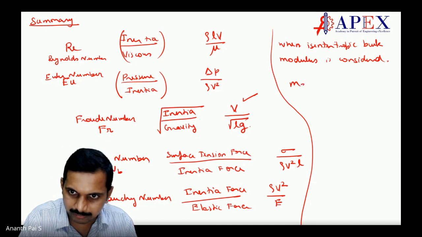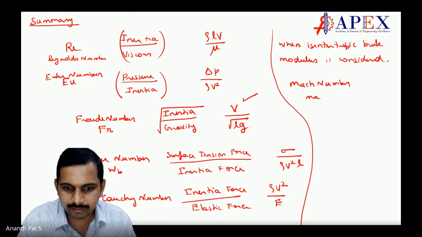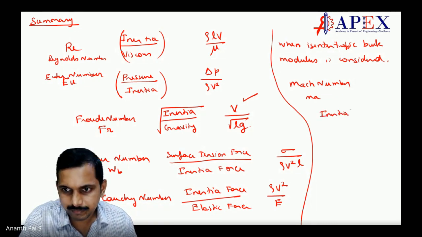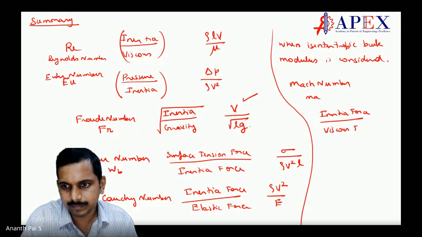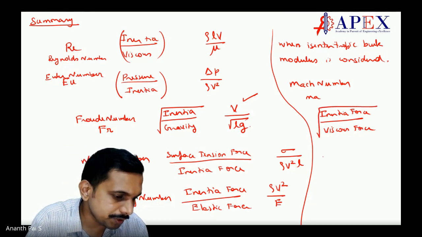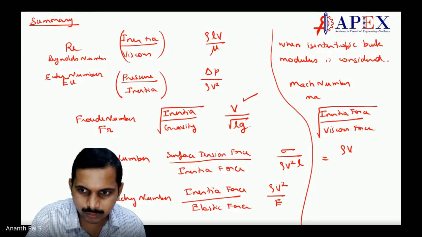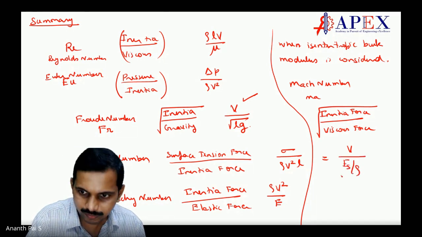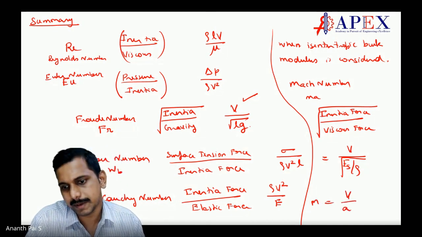Then you have the Mach number, Ma, which is equal to the square root of inertia force by elastic force. The square root is very important. That comes out to be rho V square by Es, square root of that. So we get V by root of Es by rho, and this comes as V by a, which is the speed of sound. This is Mach. Easy, students.